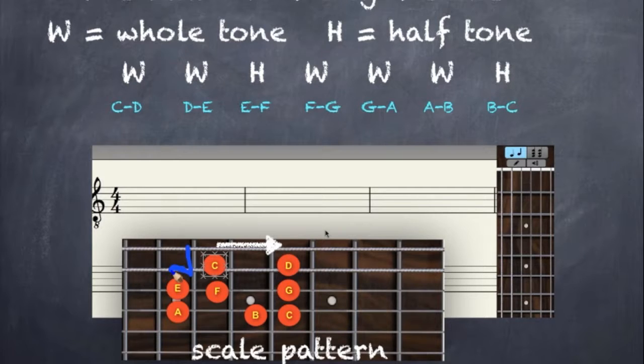To play an E, I cross over strings to the 4th string here, and I play the E on the 2nd fret of the 4th string. The F is a semitone up, and the G is a whole tone from F, 2 frets.